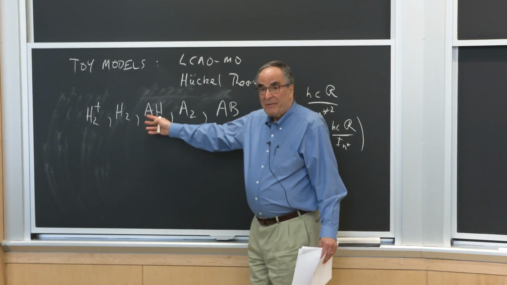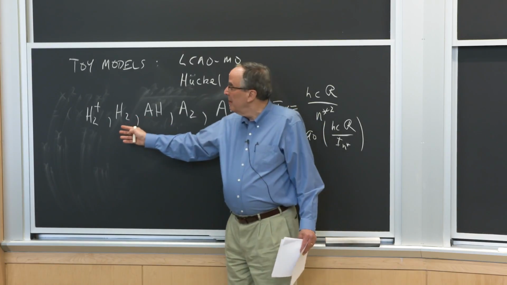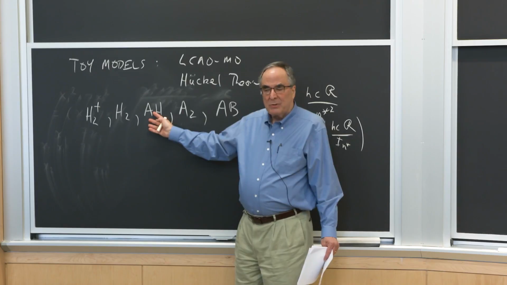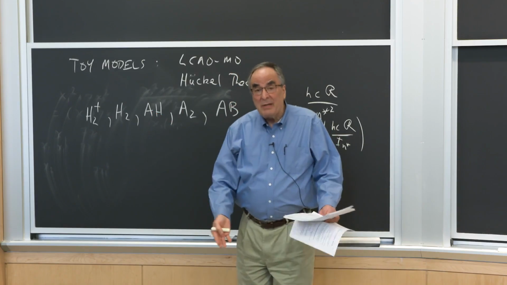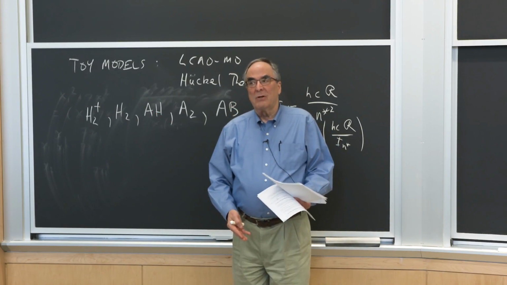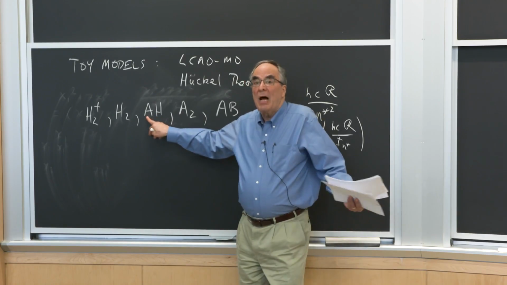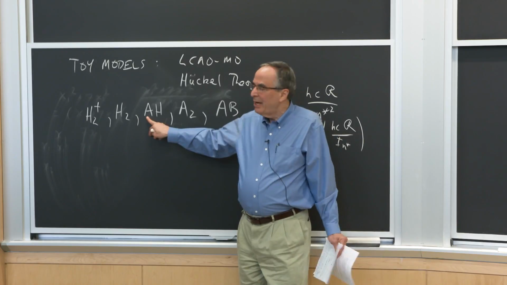And then it's a very small step to go from hydrogen to the AH molecules because, well, we've got the electronic structure for the A atom, which is more complicated than hydrogen.